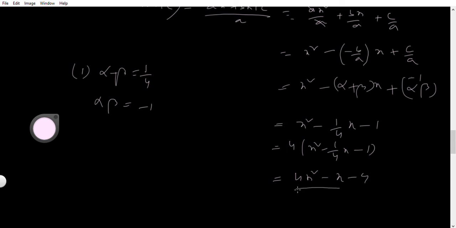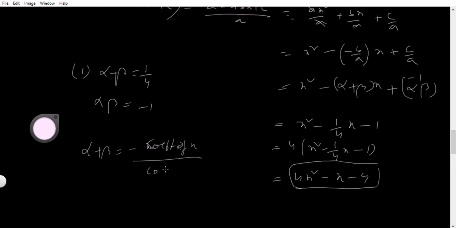This is my quadratic polynomial whose sum of roots is 1 by 4 and whose product of roots is minus 1. I'll check it again. Alpha plus beta is equal to minus of the coefficient of x divided by the coefficient of x square.